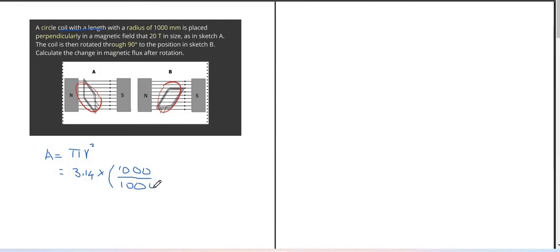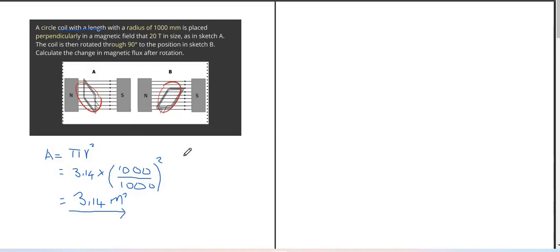You can just put this expression in your calculator and you're going to get a value of 3,14, and we know area is measured in meters squared. So you now have your area.